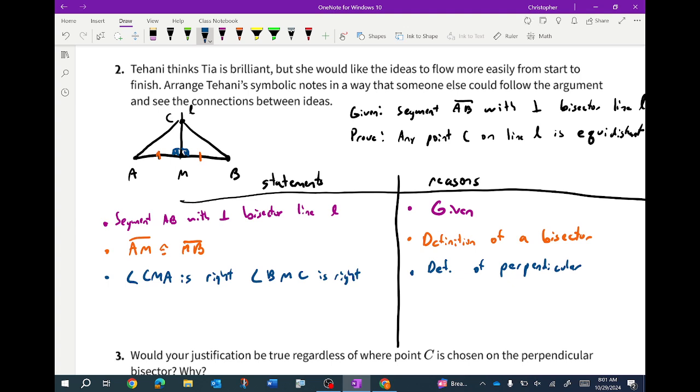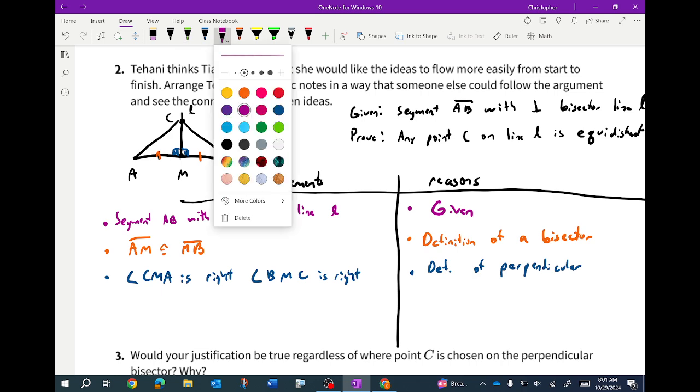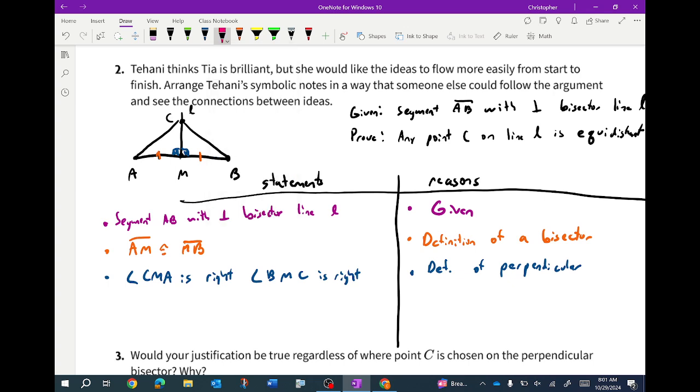Finally, we had our shared side right there. CM is congruent to CM.